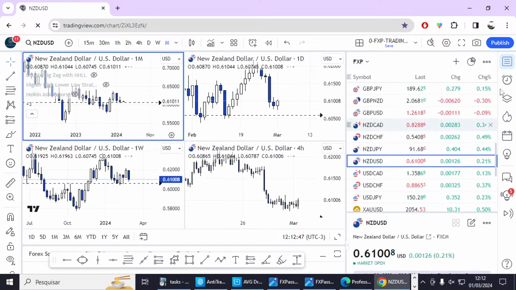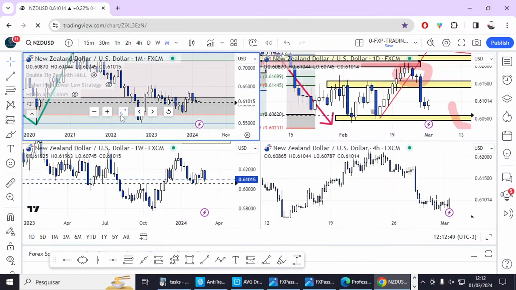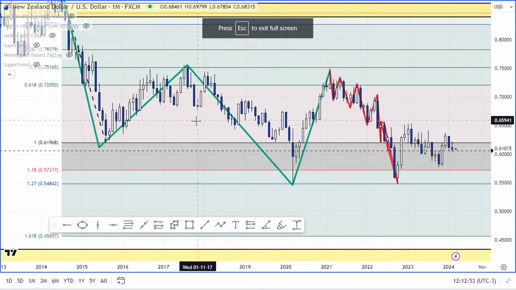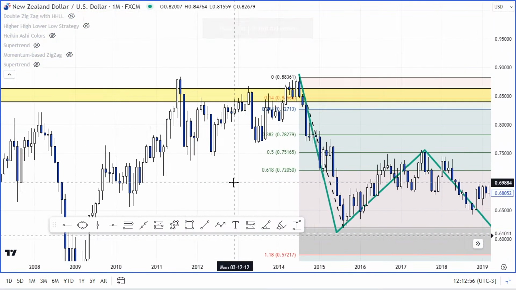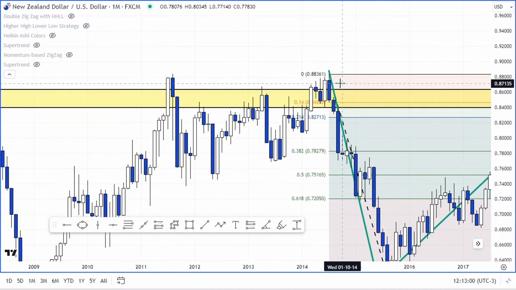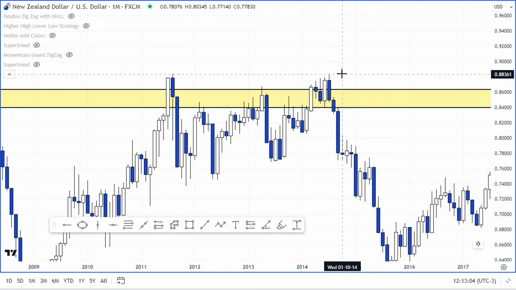So NZD/USD monthly chart, TradingView this time. Which one is higher? Let me delete this one and delete this one.